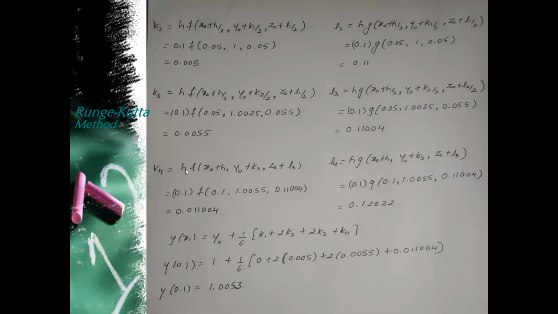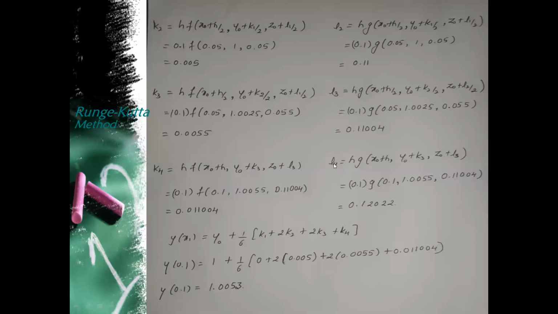Now we need to go for K4. K4 is h into f of x naught plus h, y naught plus k3, z naught plus L3. Substitute the values. h is 0.1, x naught is 0 plus h, h is 0.1. y naught is 1 plus k3, 1.0055. z naught is 0 plus L3, we get 0.11004.